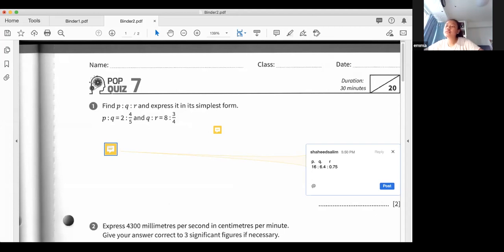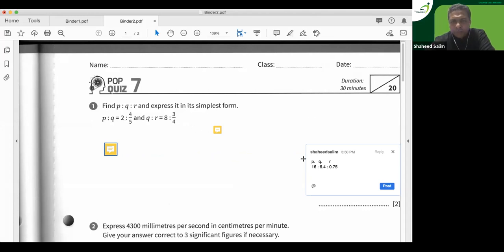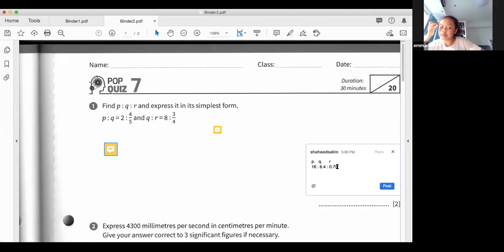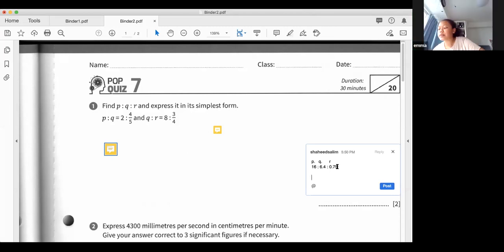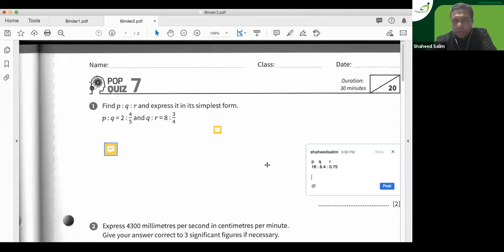Sorry, repeat what you said. Why is R divided? You didn't divide by R. How did you get 0.6? 3/4 times 4/5. No. Hold on. You don't get it now.